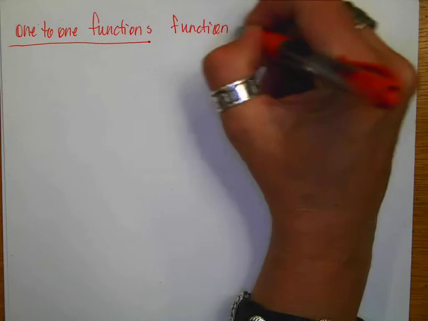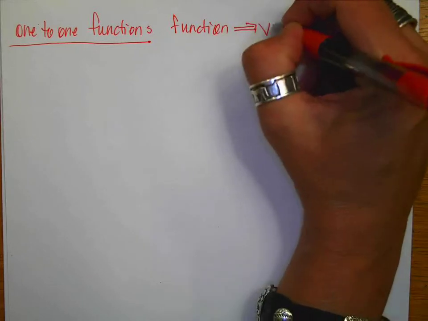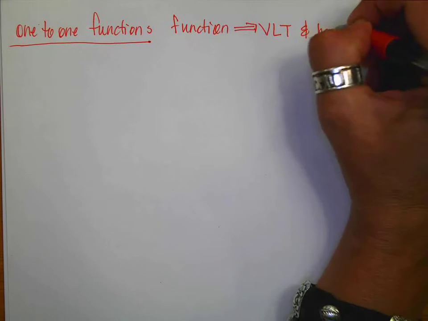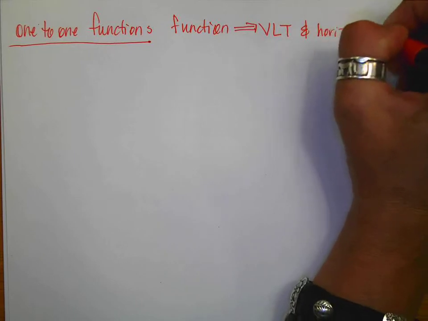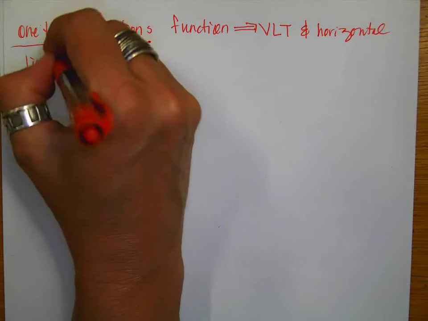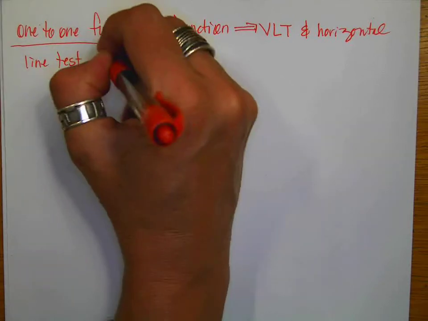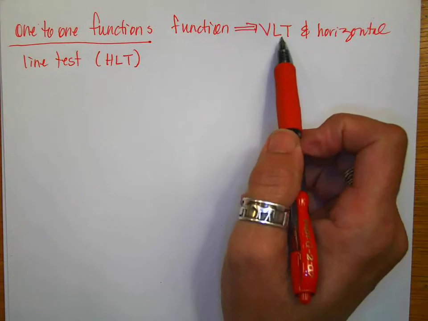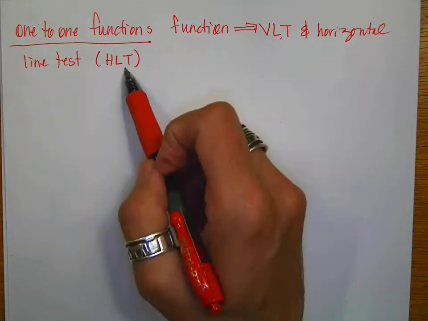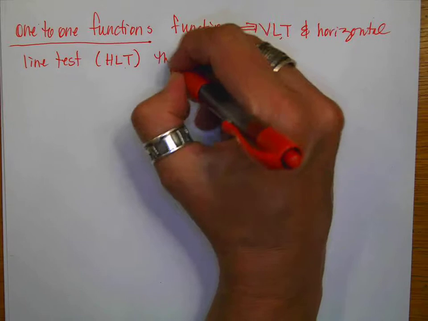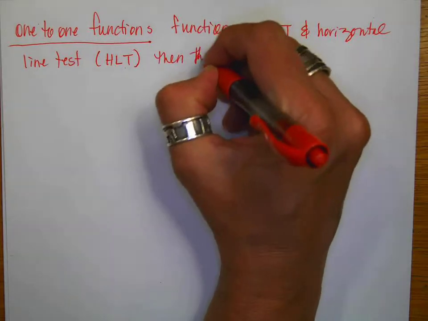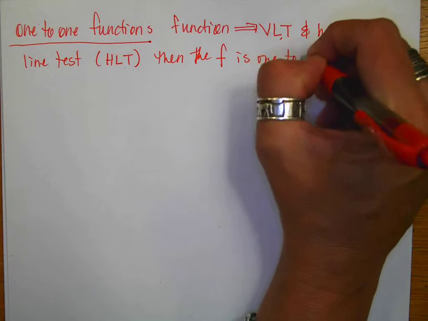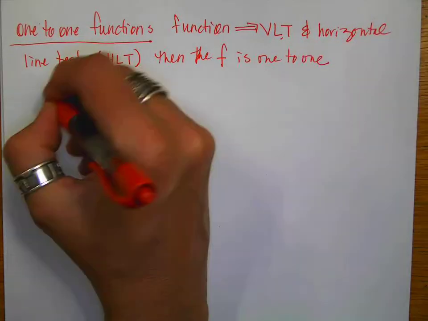So let's say I have a function, and it passes both the vertical line test and the horizontal line test, which is the HLT. Okay, so if a function passes both the vertical line test and the horizontal line test, then we say that the function is one-to-one.